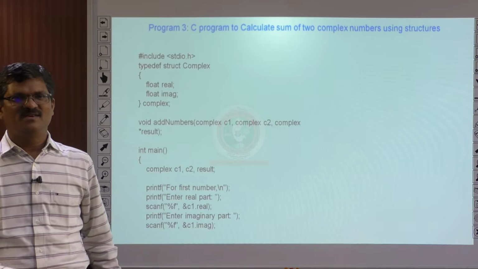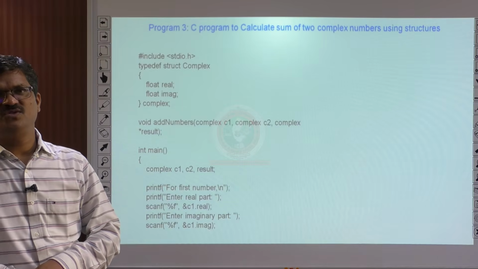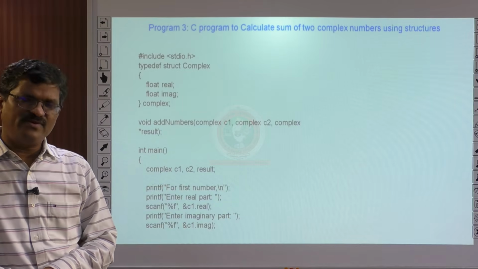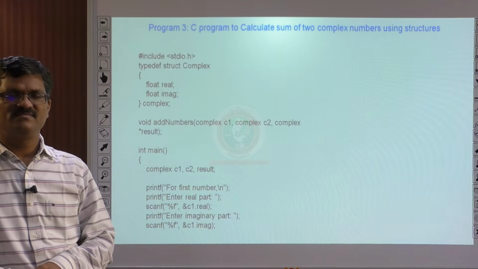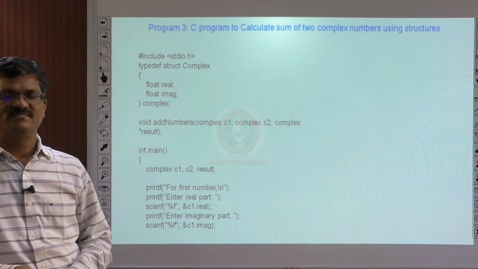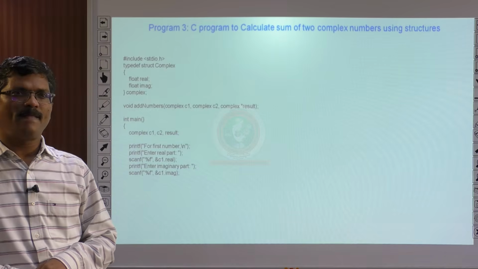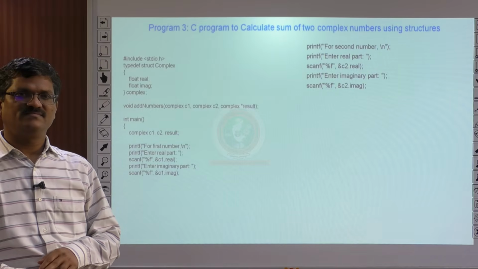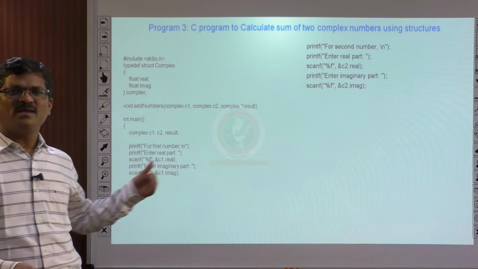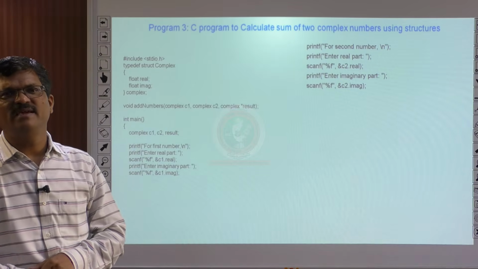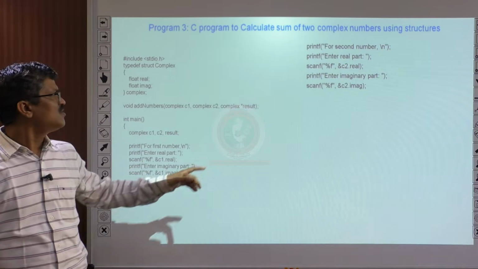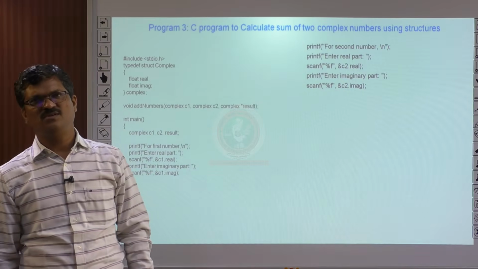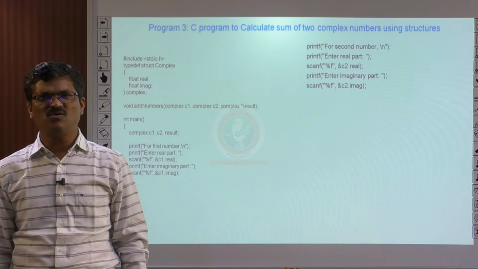As usual, you read the values of real and imaginary part associated with the first complex number, and then repeat it for reading the real and imaginary values associated with the second complex number.